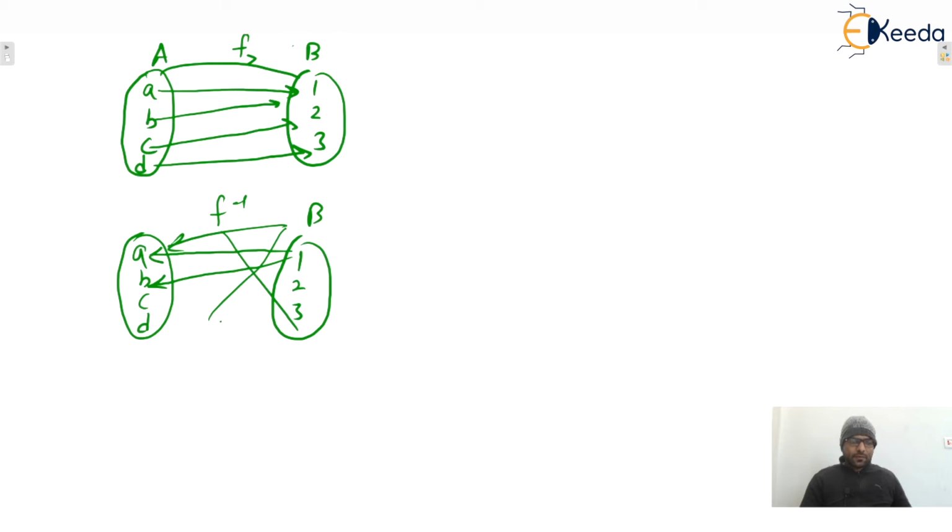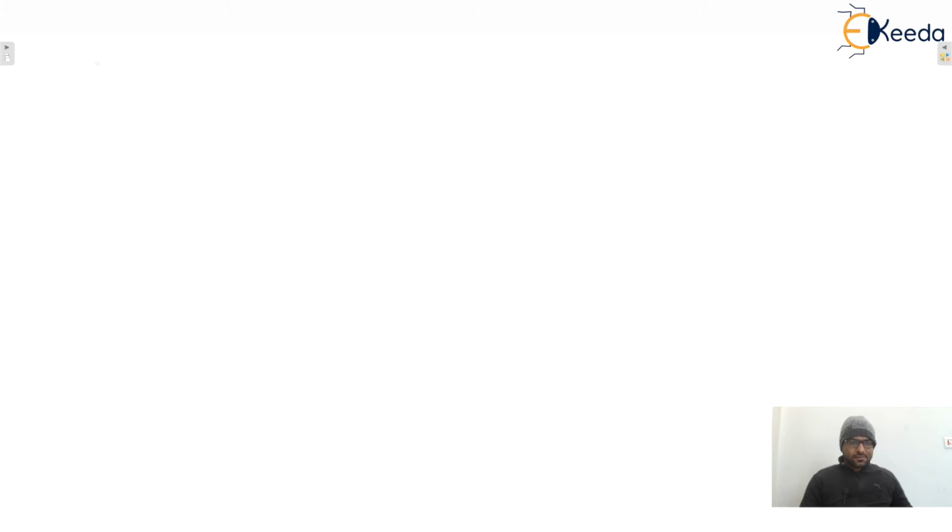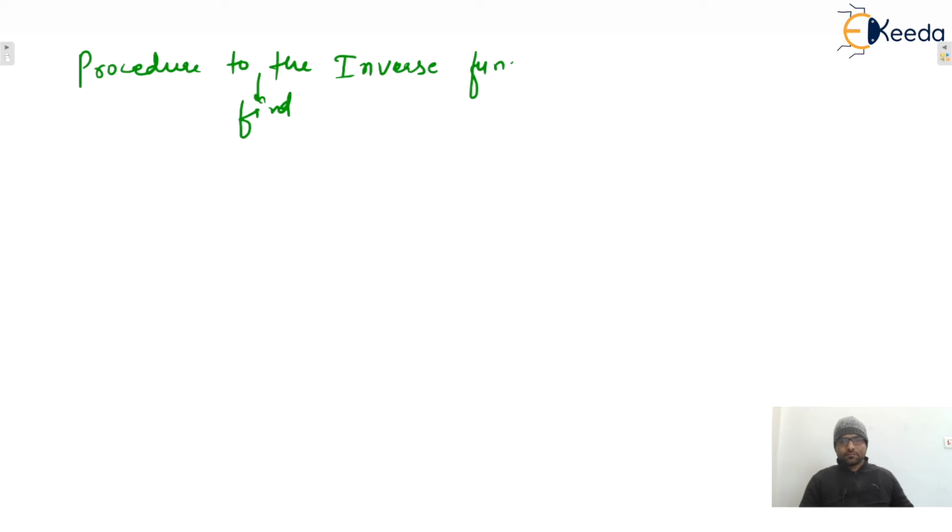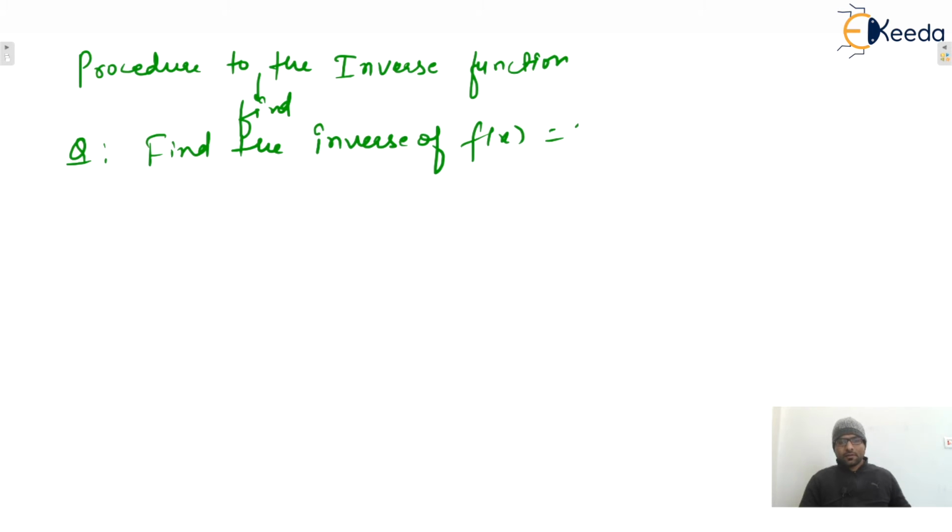So let us take one example, the procedure to find the inverse function. Let's say, find the inverse of f of x, which is given as 3x plus 1.